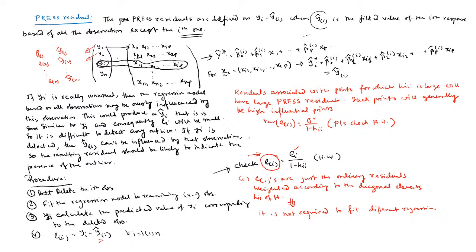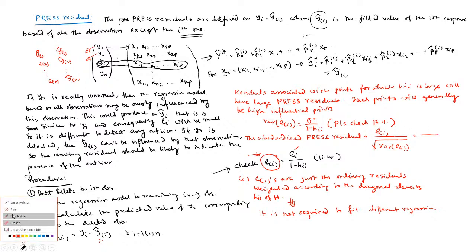And then the standardized trace residual is equal to e within first bracket i divided by the square root of var of e within first bracket i, which is equal to sigma square by 1 minus Hii.